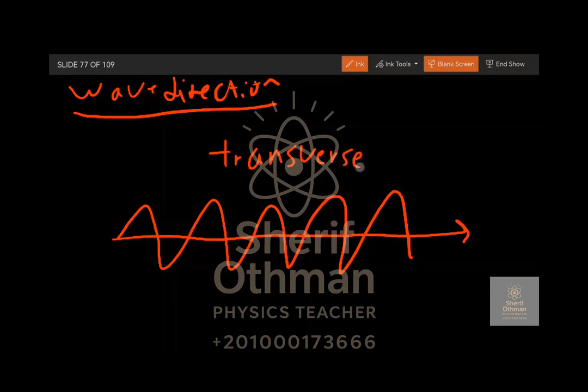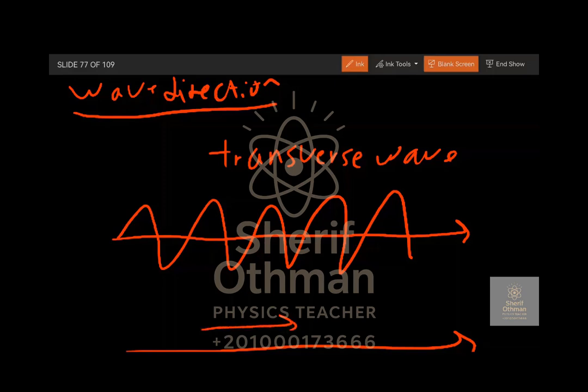But when the medium particles vibrate forth and backward, here is the wave direction, the medium particles vibrate along the same direction of energy transfer.